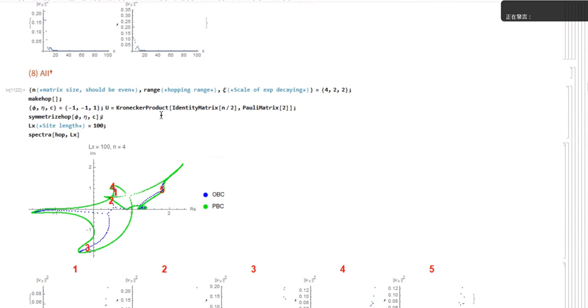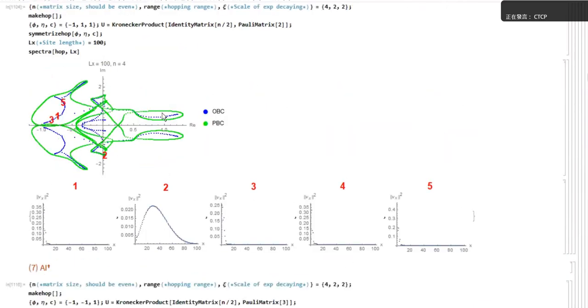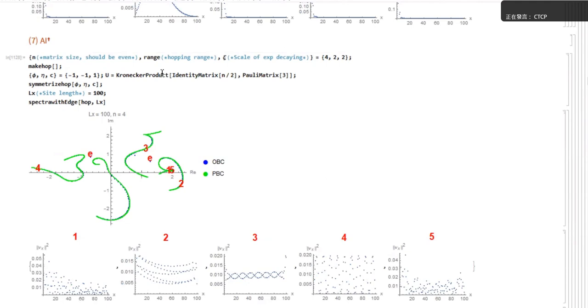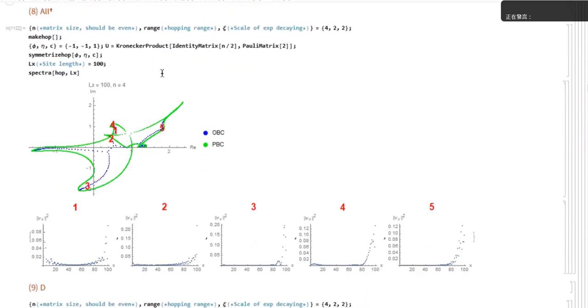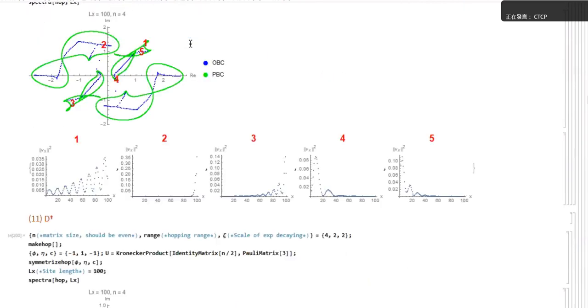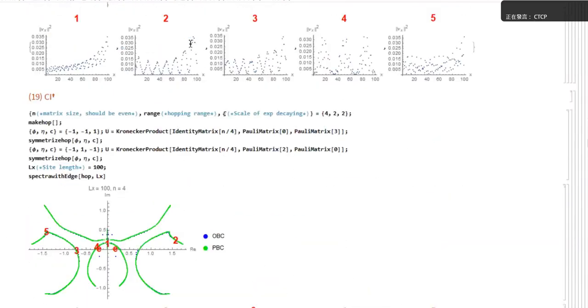Okay. So if we consider ordinary transpose symmetry, I have no skin effect. If you consider transpose symmetry with Kramers degeneracy, I have skin effect. And you can check this for 38 symmetry classes.